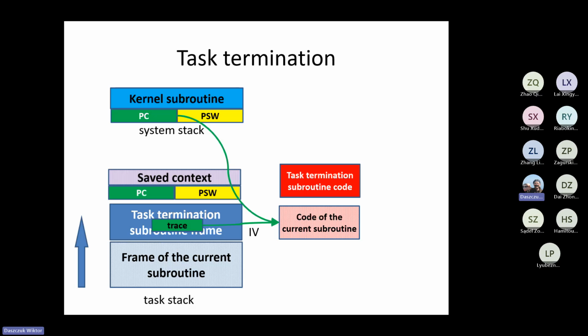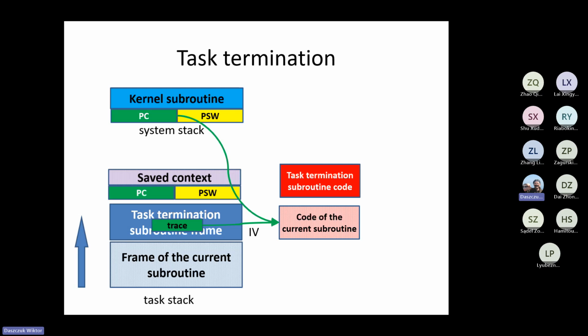So we can return to this procedure if we want. Because in the trace, we have the current address. So if we just go to the end of the cleaning procedure, we return to the program.